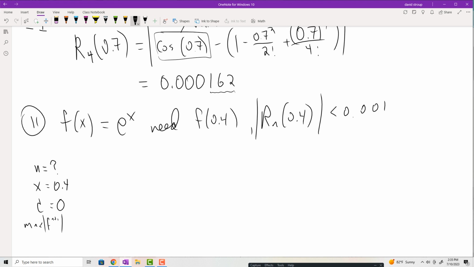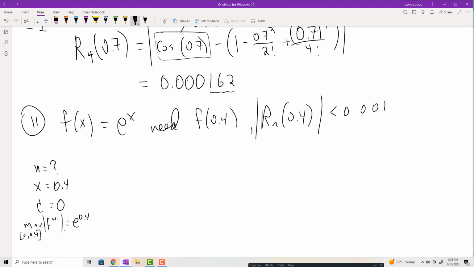Then finally, the n plus first derivative on this interval. So what is the interval? I'm going from the center over to the point where I want to approximate. The exponential function is increasing, so the max is equal to the function evaluated at the right endpoint.